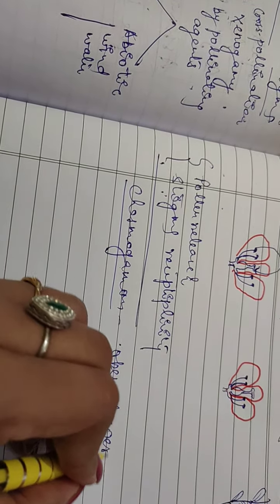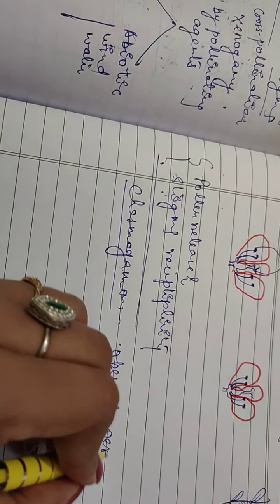When the anther dehisces, the pollen grains come in contact with the stigma and pollination takes place. So clistogamous flowers ensure self pollination, because there is no chance of any cross pollination as they do not open at all.